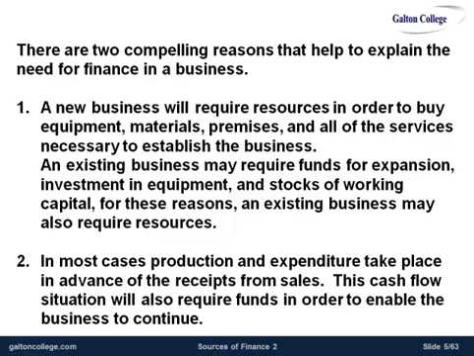And there's a gap there, a gap between production and receipts. And that means there is a gap to be filled, and finance has to be found to fill that period between the two. And this is a cash flow issue that needs to be taken into account by the business.